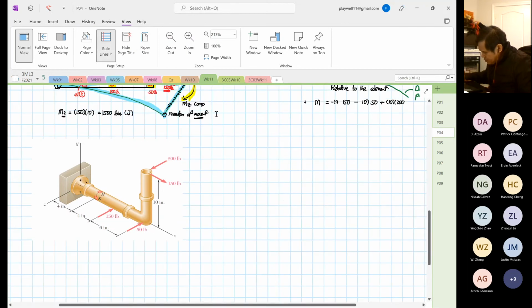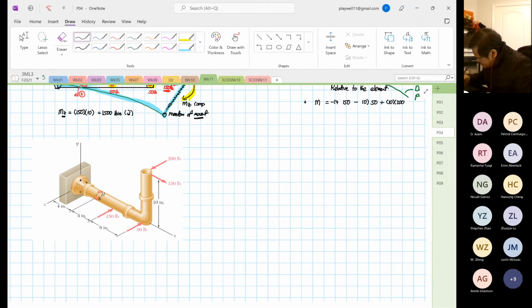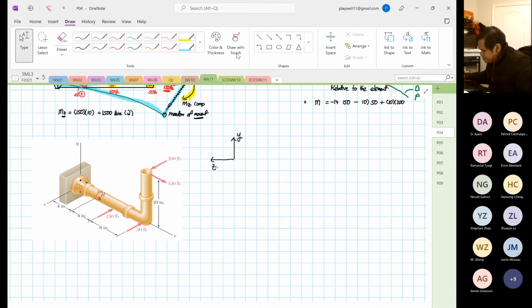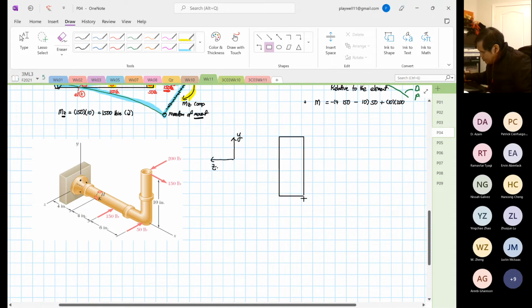Okay, so if I'm going to draw my direction, this is the Y, and this is the Z. So we're viewing from the front. I'm going to draw it a bit wider.